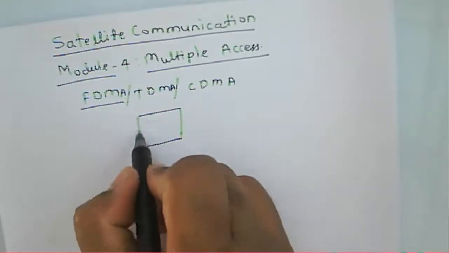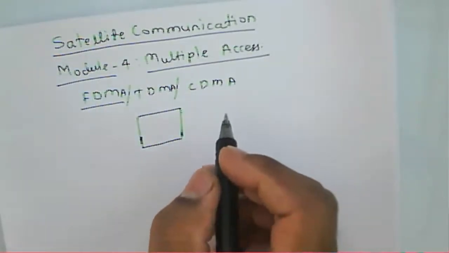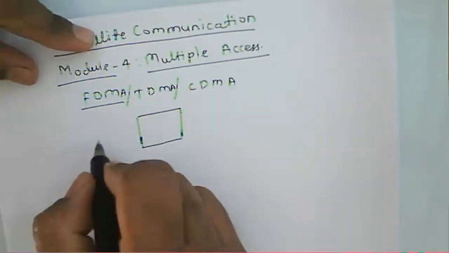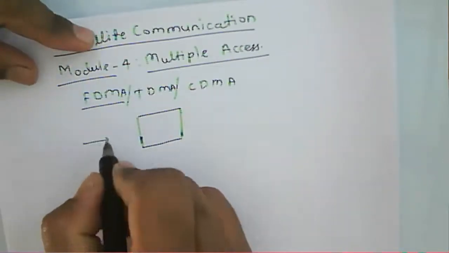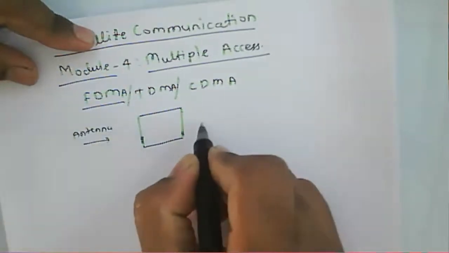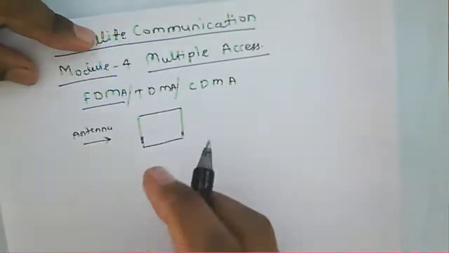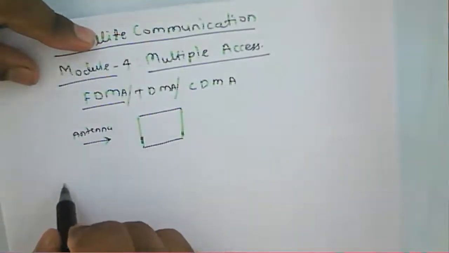Earlier, there were multiple transponders in a satellite system. We get a signal from the antenna to the transponder, whichever signals come from the earth station.